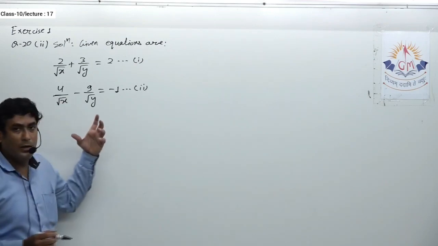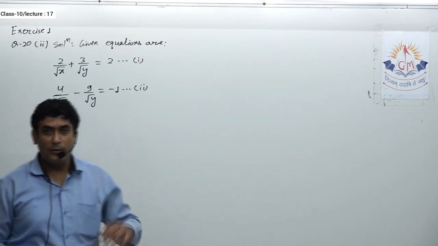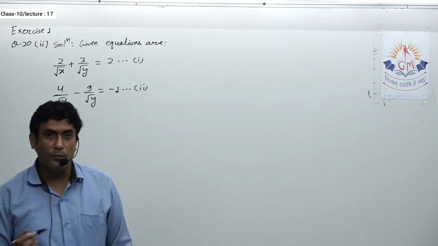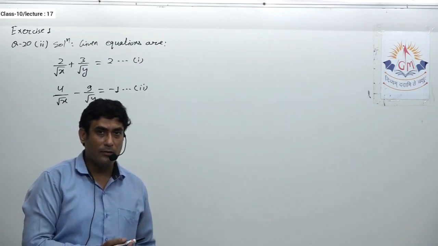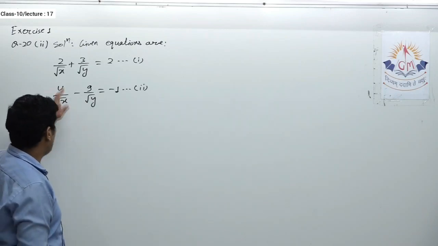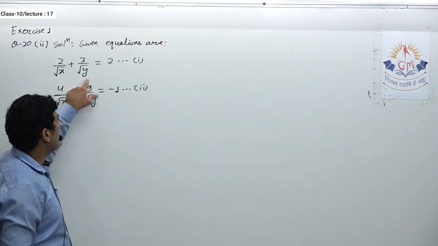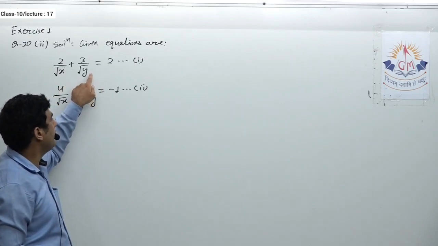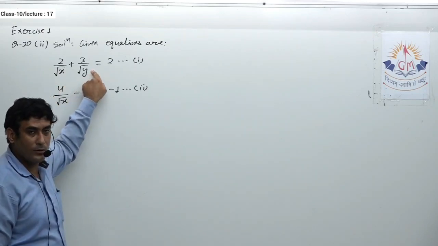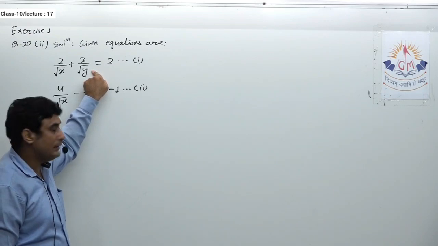First of all, we have to rewrite these equations in the form of a pair of linear equations, because right now this is not a linear equation: the variables are in the denominator, and their powers are not positive integers.